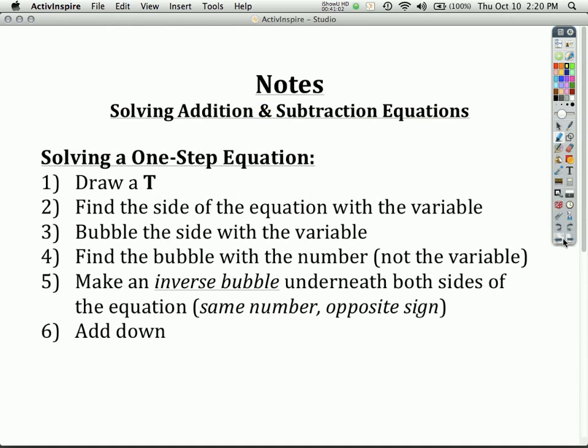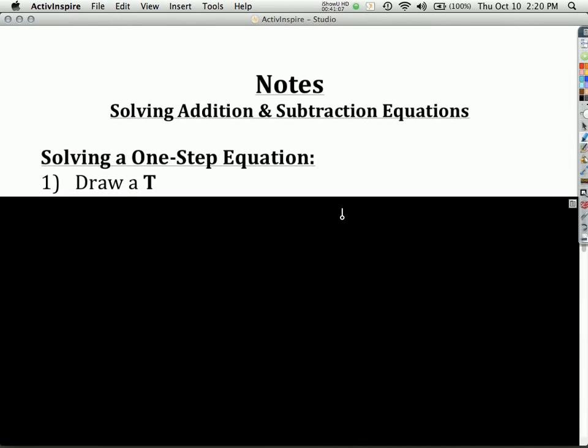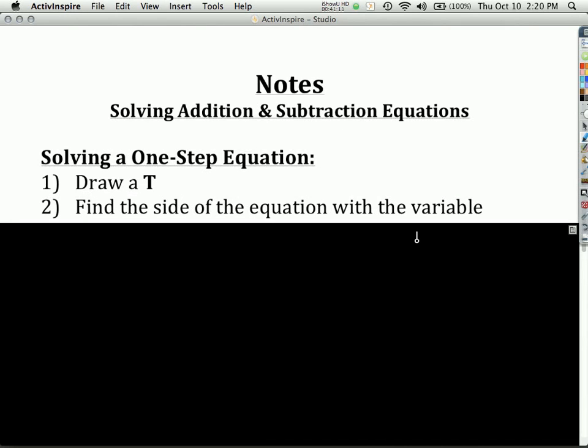So, the steps. First, we're going to draw a T. You'll understand what I mean in a couple of minutes. The second, find the side of the equation with the variable. All I'm trying to have you do is focus somewhere. A lot of my steps are to help you focus in the right spot.